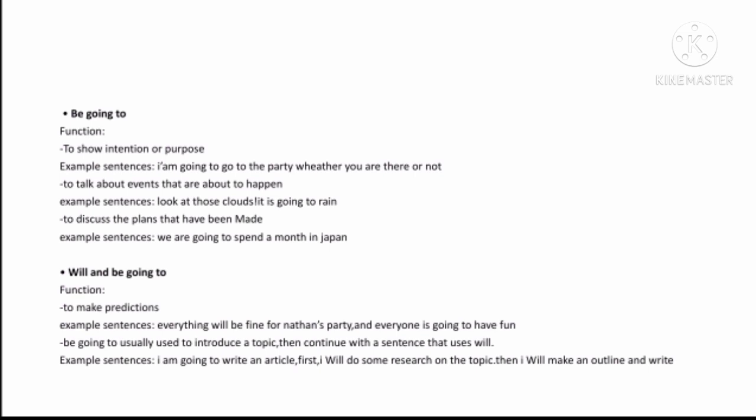B. Be going to is usually used to introduce a topic, then continue with a sentence that uses will. Example sentence: I am going to write an article. First, I will do some research on the topic, then I will make an outline and write.